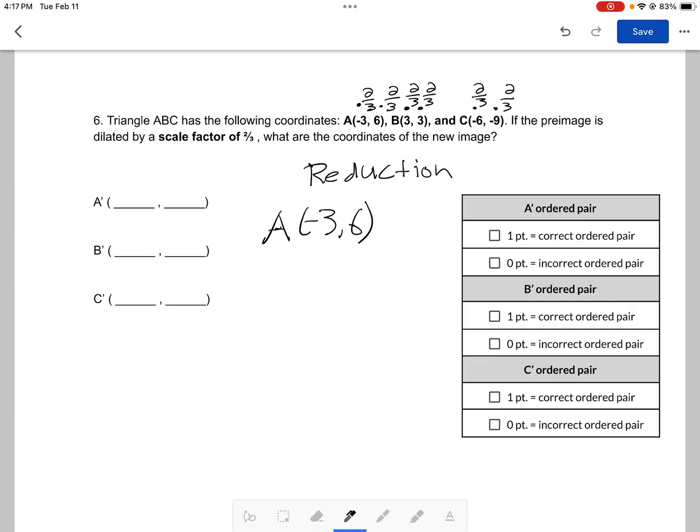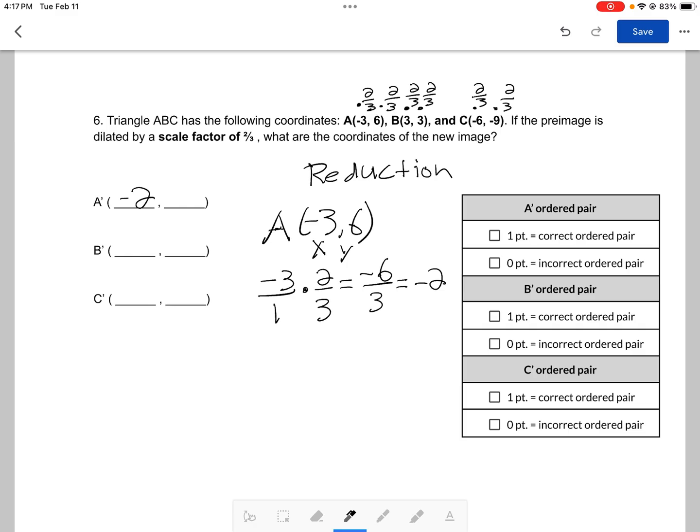Now, if you're not using a calculator, which you should because you have a calculator, but if you didn't use a calculator, this is like saying negative 3 over 1 times 2 over 3. That would give me negative 6 over 3, which would give me negative 2. So my A prime coordinate would be negative 2. This is my x, this is my y.